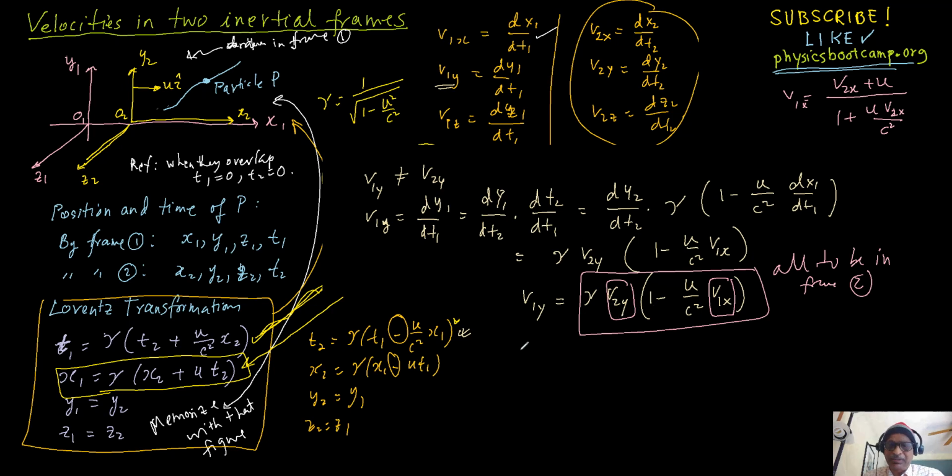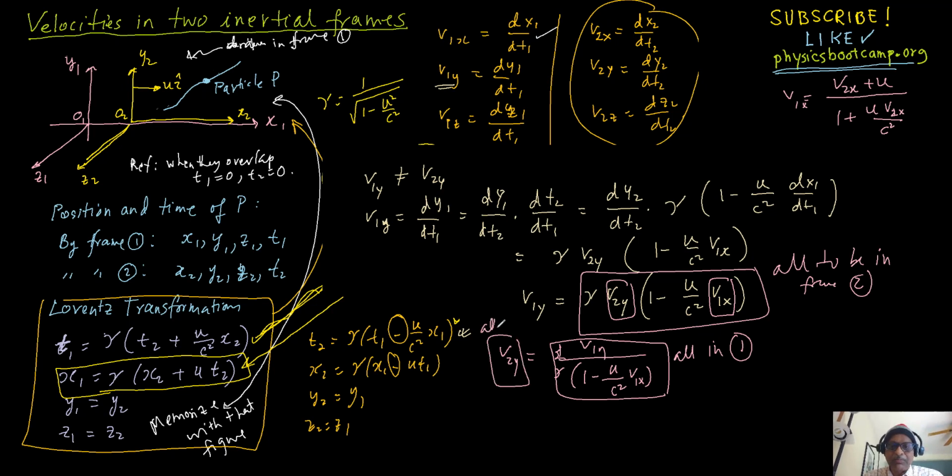So let's solve for v2y. So v2y is 1 over gamma times 1 minus u over c square v1x, and this is v1y. So this side is all in 1, and this is all in 2.